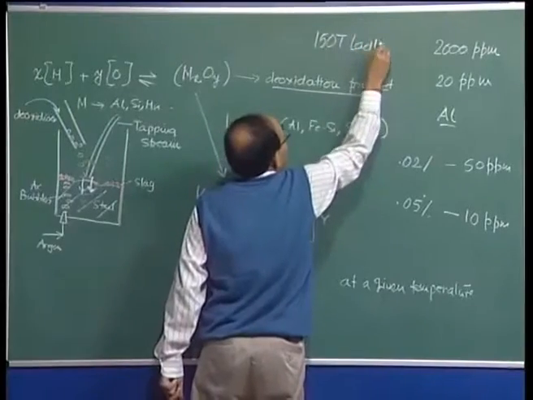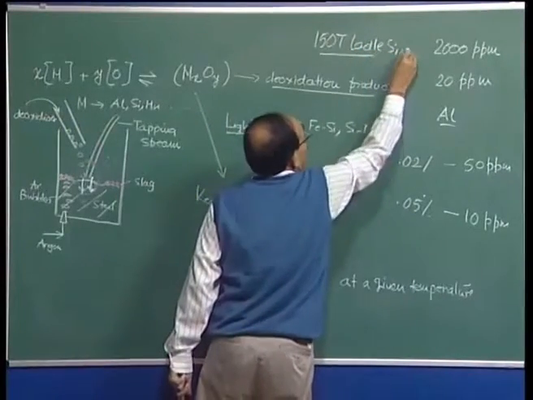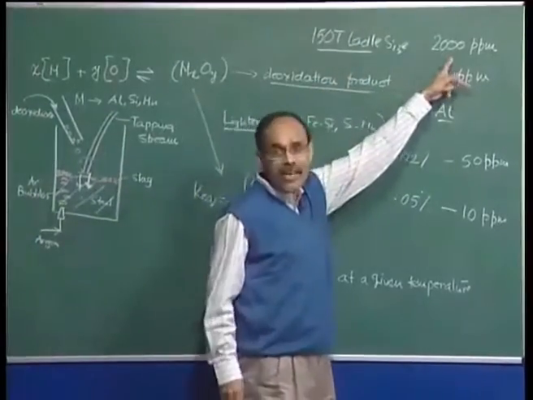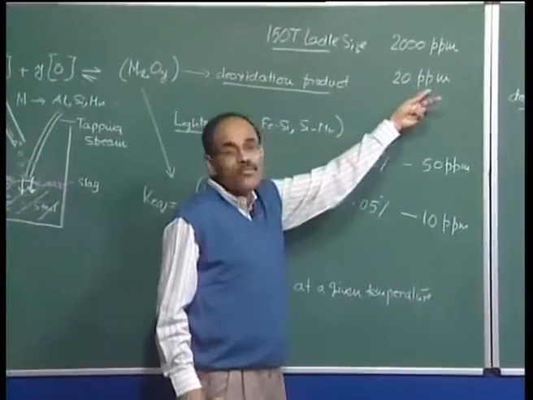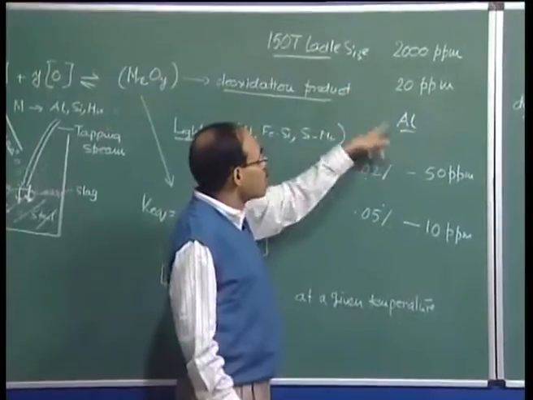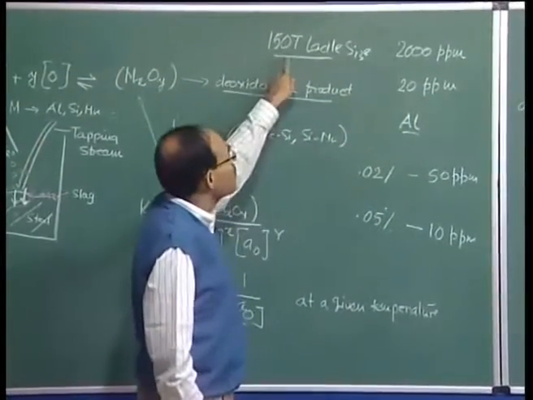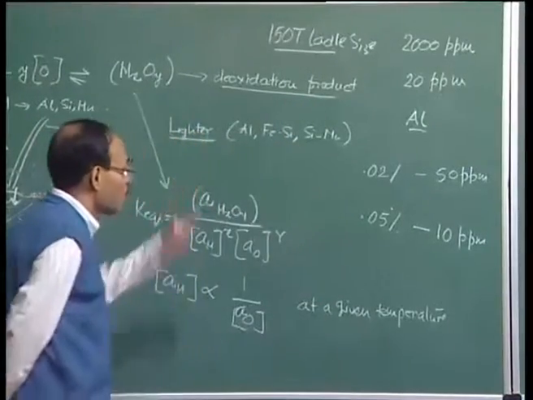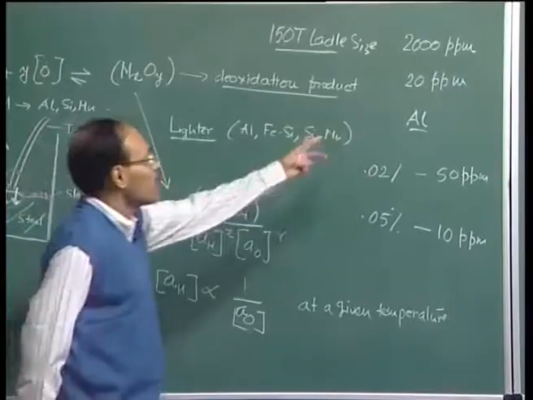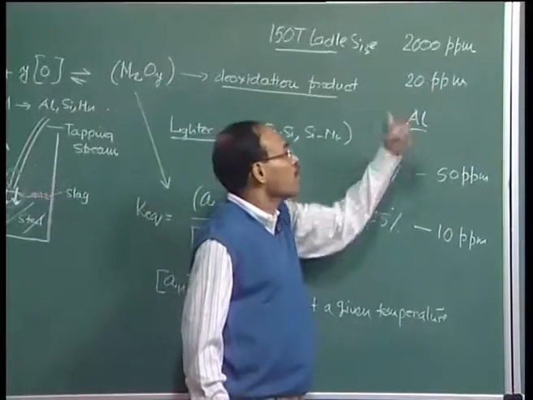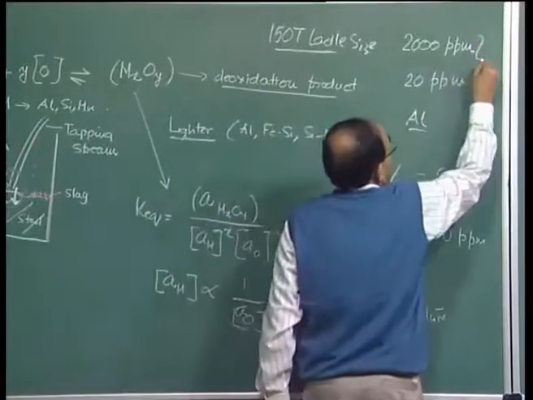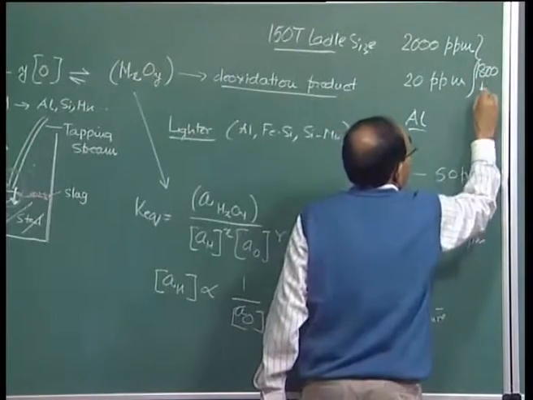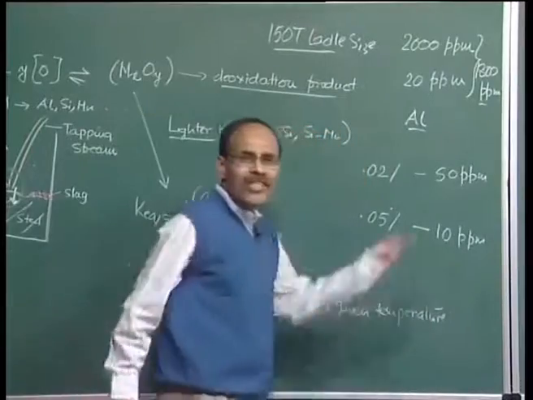The initial oxygen from the basic oxygen furnace is 2000 ppm, the final oxygen is 20 ppm, and I wish to add aluminium in that 150 ton ladle. Now I want to know how much aluminium I should be adding in order to achieve a net reduction of 1800 ppm of oxygen. So how do you do this kind of calculation?